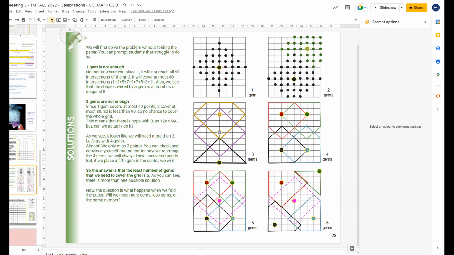Three gems, still not good. Four gems. So it's probably a good idea to place the gems here and here, not too high, not too low. Low enough that they don't leave any gaps and can actually reach here. 1, 2, 3, 4. Okay, that's good. Same for this: 1, 2, 3, 4. Otherwise, if I place these two gems a little higher, they will leave these corners uncovered.